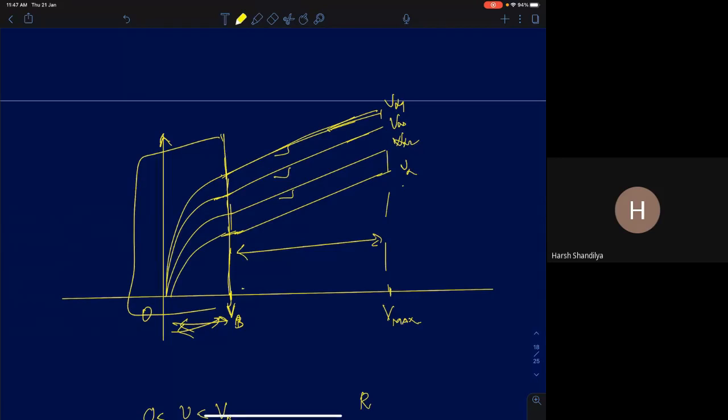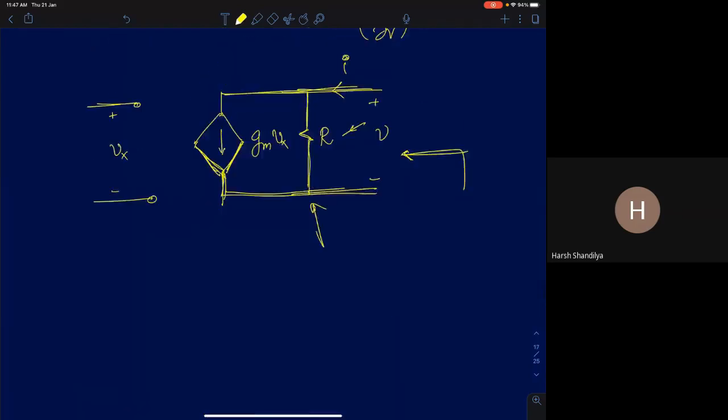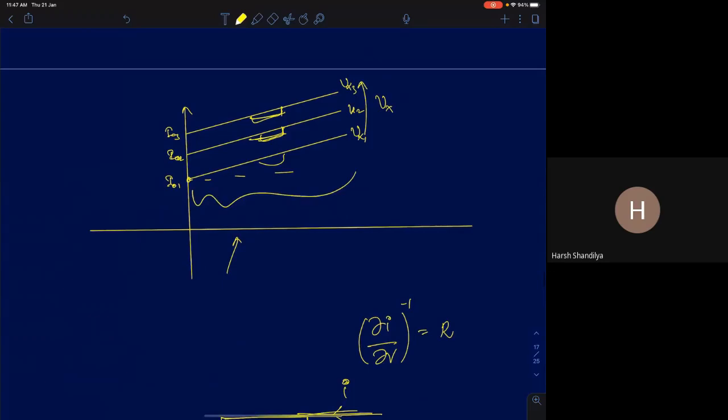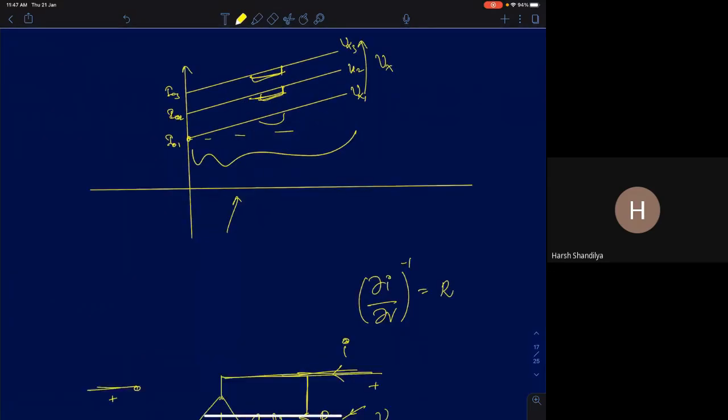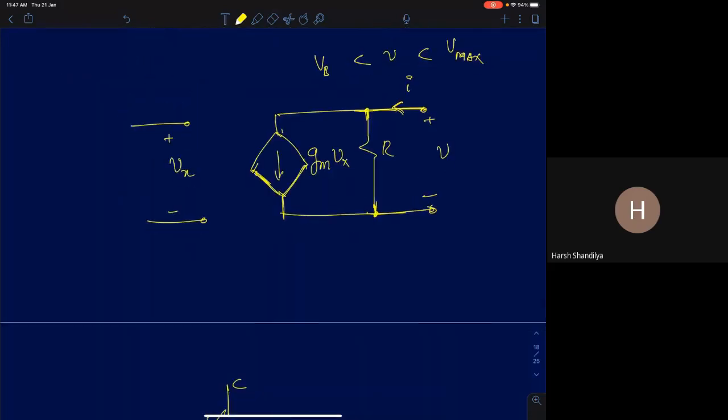What kind of model will accurately capture it? A VCCS, that's what we just discussed. A voltage controlled current source with a resistor in parallel. So in this region, I'm going to model a voltage controlled current source with a resistor in parallel.